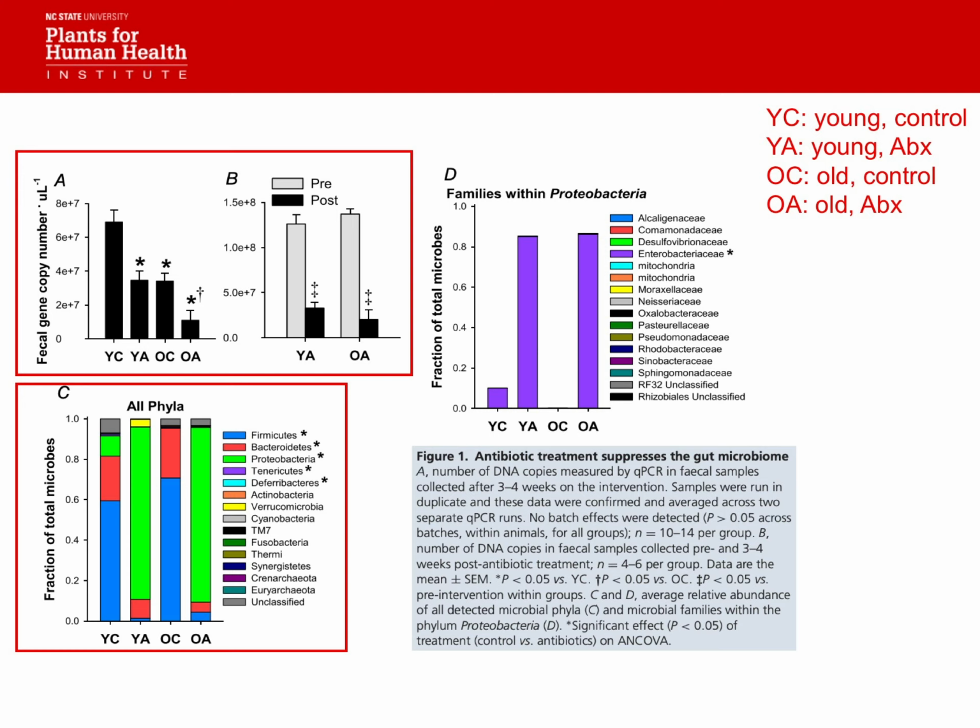It's not telling you what gene it is, it's just the total number of genes they were able to measure, okay? For reference, Y is young, O is old, and then control versus antibiotic. If you compare young mice to old mice, aging alone significantly suppressed the number of genes and their copies found in the microbiome.